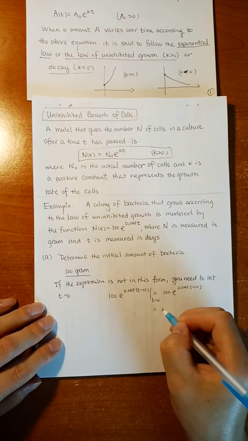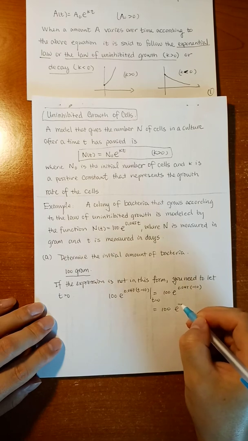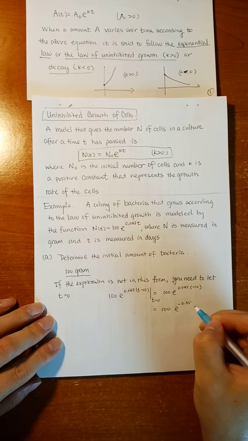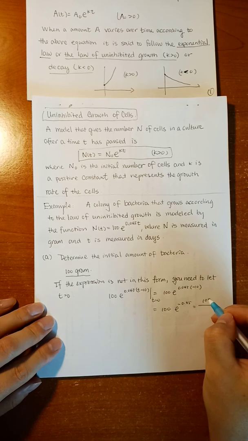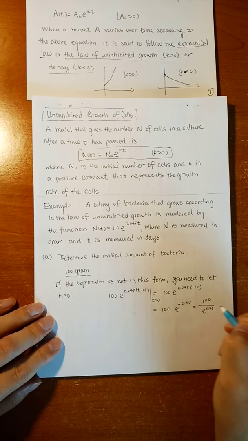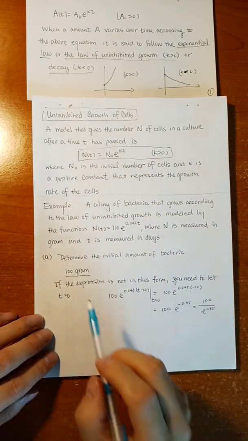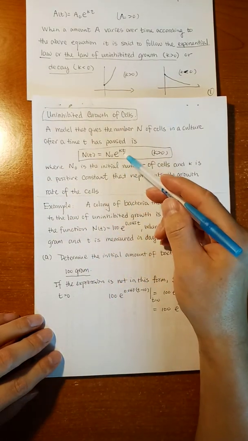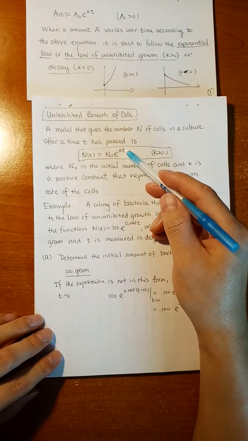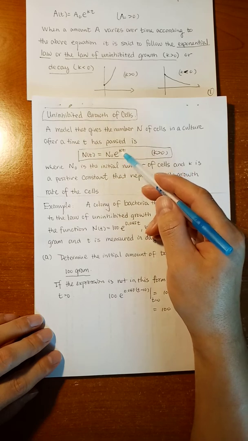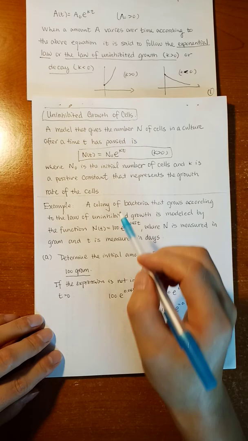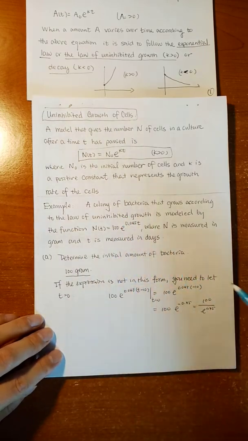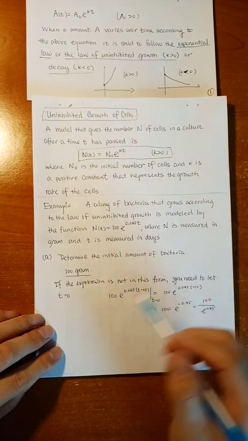It becomes 100 e to the negative 0.45. Okay, so this one is simple. Whenever you have the standard form, n0 e to the kt, because when t is 0, the second part is 1. It disappears. You only have n0.